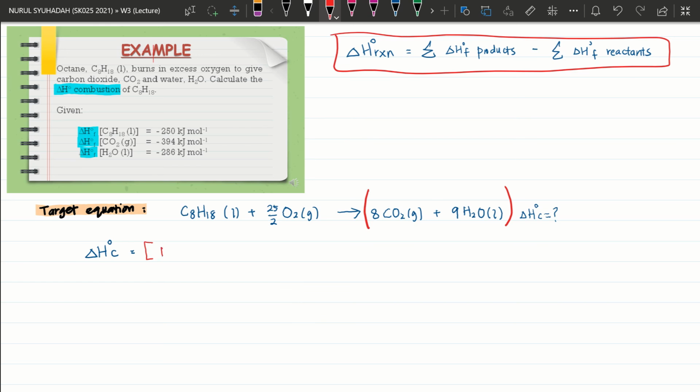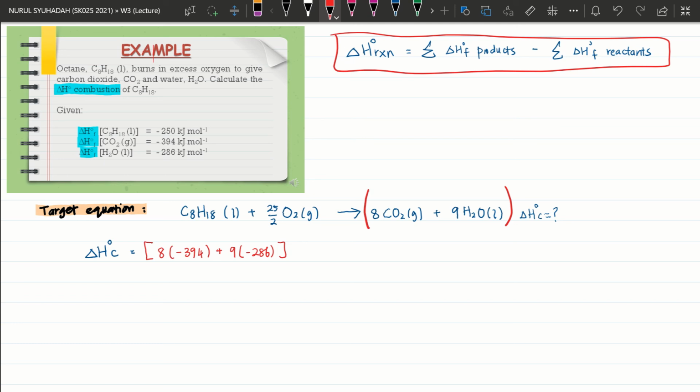So 8 carbon dioxide, so 8 and the value is negative 394, take the sign as well. And then the next product is H2O. For H2O it is negative 286 and we have 9 moles over here, so 9 times negative 286. Close the square bracket. That will be for all the products.